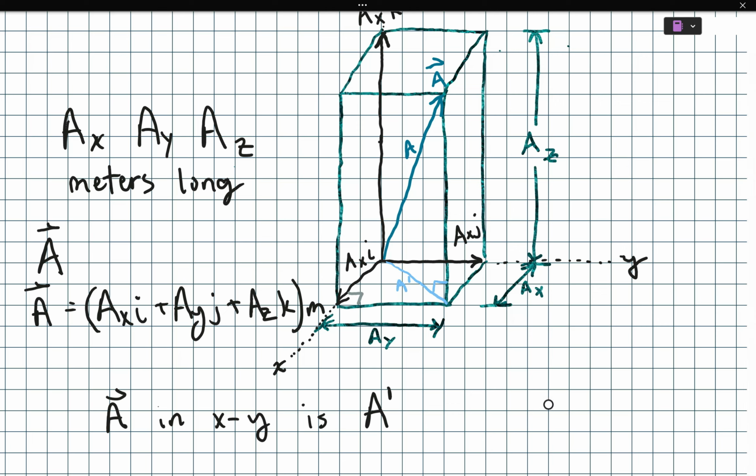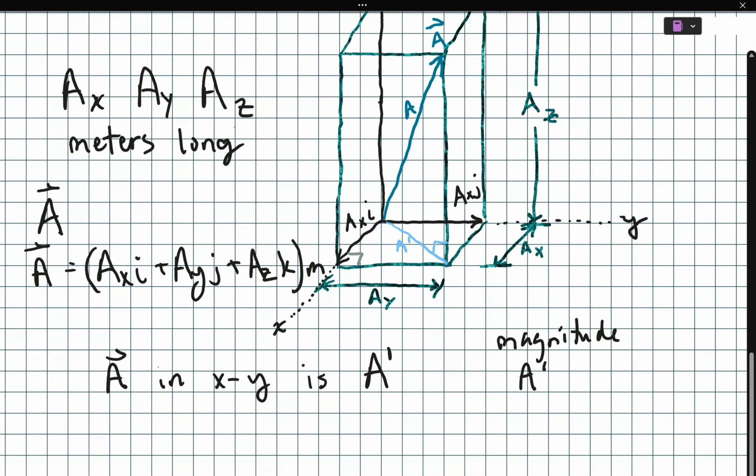So we could find the magnitude of A prime by using the same approach as a 2D vector. We could say A sub x squared plus A sub y squared, to the 1/2 power. If you recall, our approach when dealing with 2D vectors was this same approach.